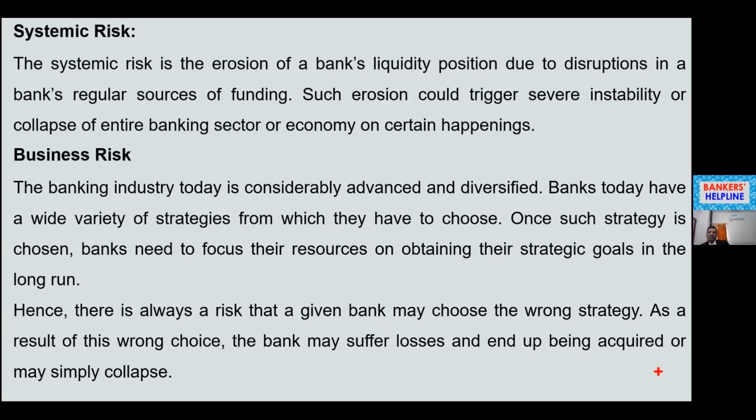So the banks may face competition or a business risk, because to compete with them, the banks go for new products, collaborations, co-lending, and they may select one strategy. The chosen strategy itself may go wrong, which will have an impact on the business of the bank.